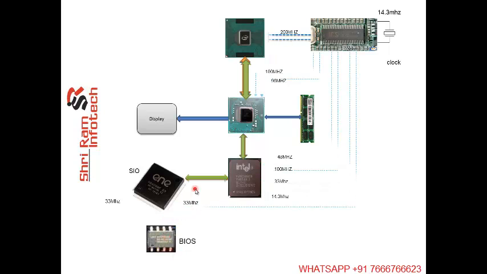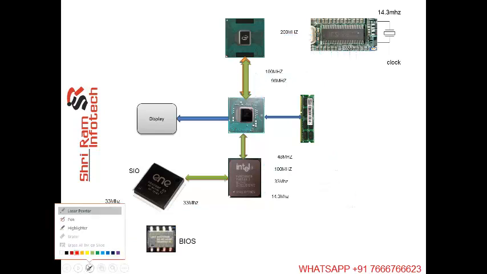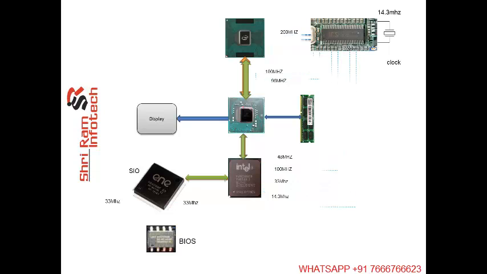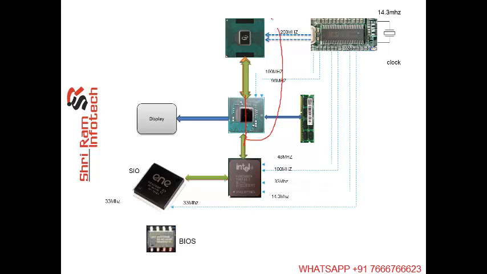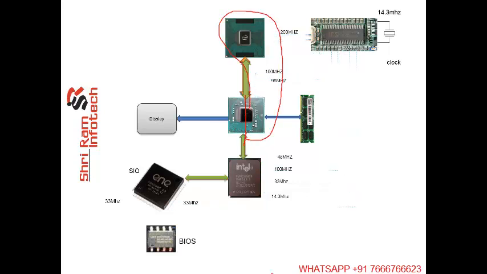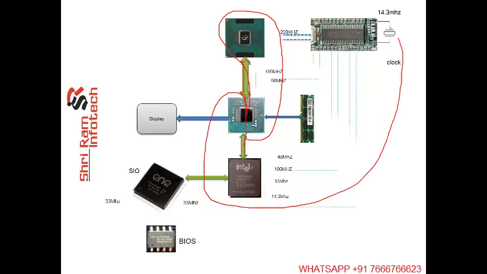So this architecture was going on in 2010. What happened is Intel divided these chips: the MCH and this RAM controller section, he put it into the CPU, and the graphics controller section he put into the ICH, as well as the clock section also connected into the ICH.